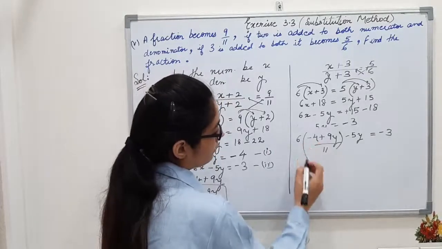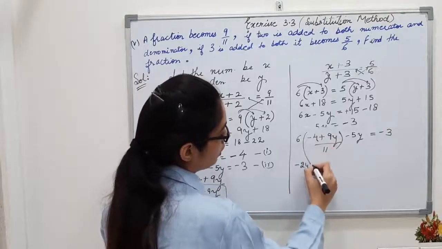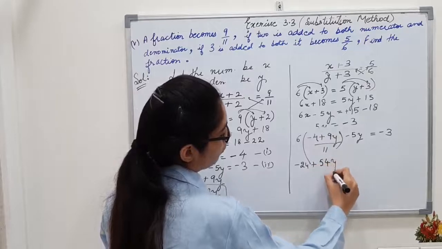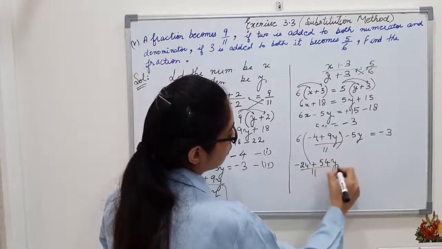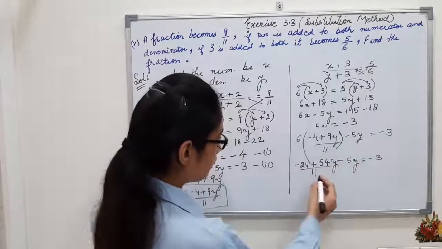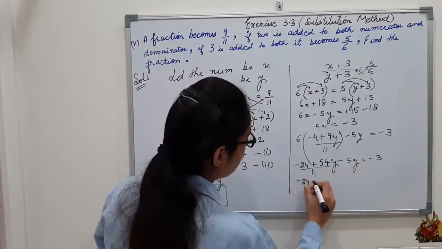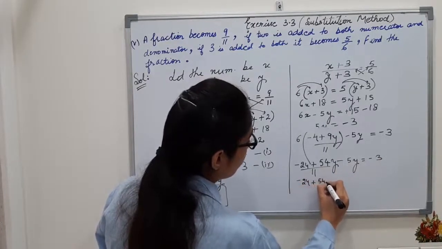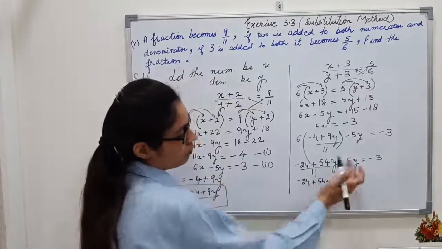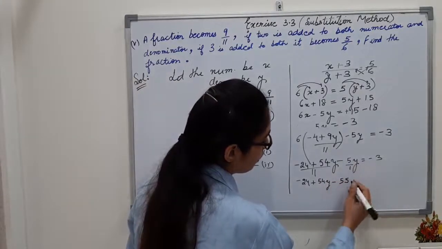First I will multiply this. 6 into minus 4 is minus 24, 6 into 9 is 54y, by 11, minus 5y equals minus 3. This I will take LCM. So it will become minus 24 plus 54y minus, while taking LCM, since here it is 1, the 5 will get multiplied with 11, so it will become 55.